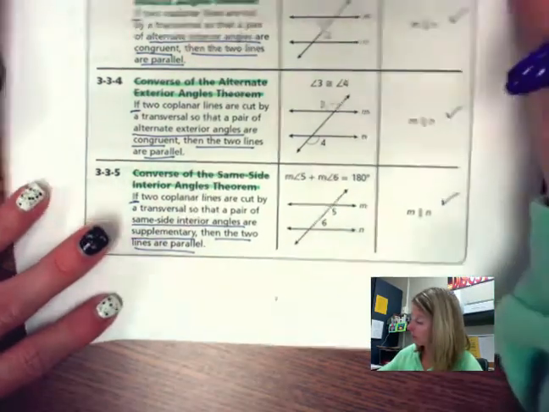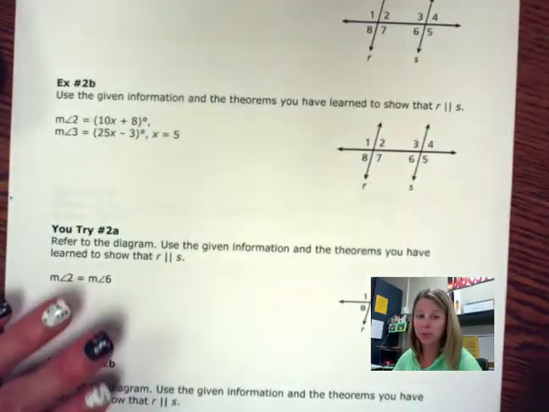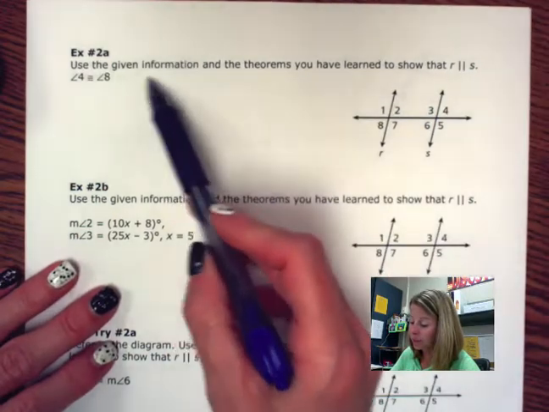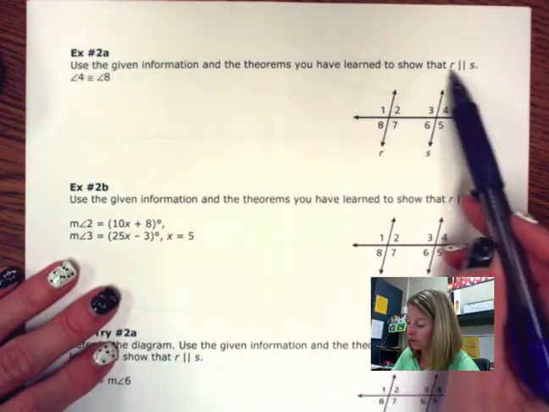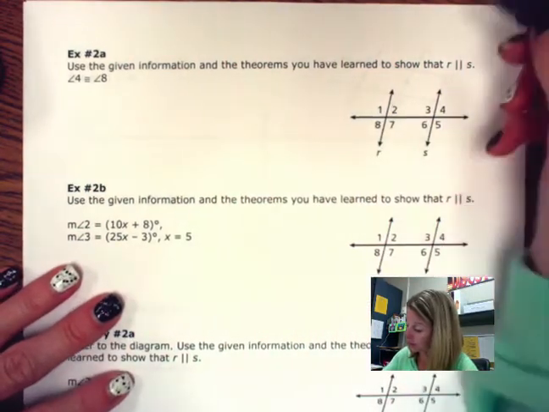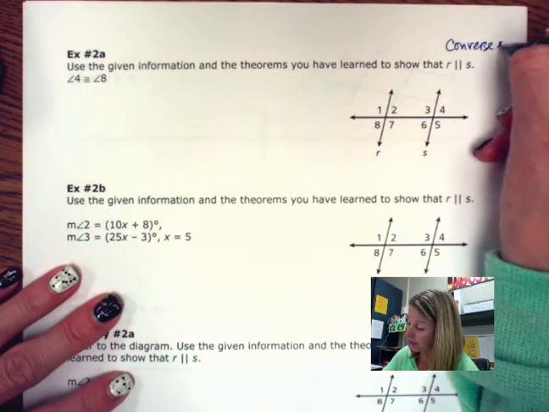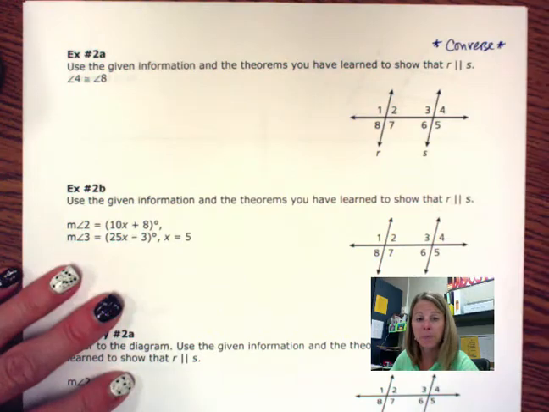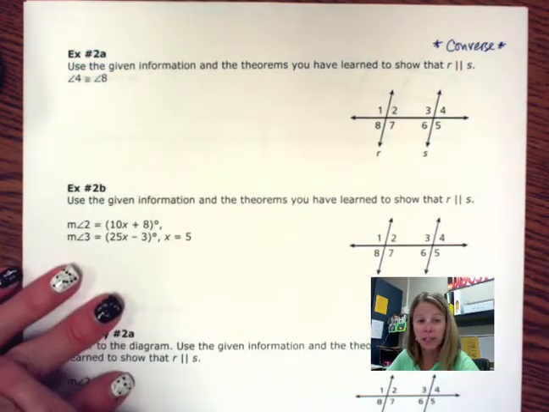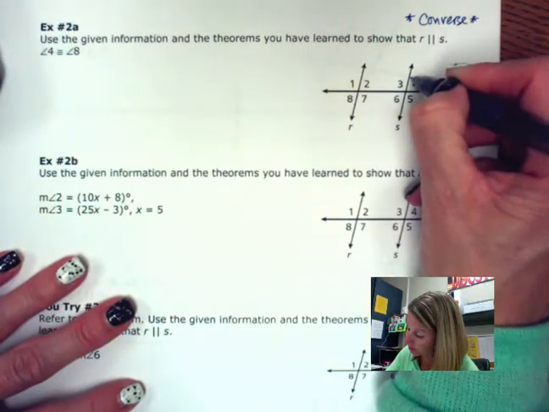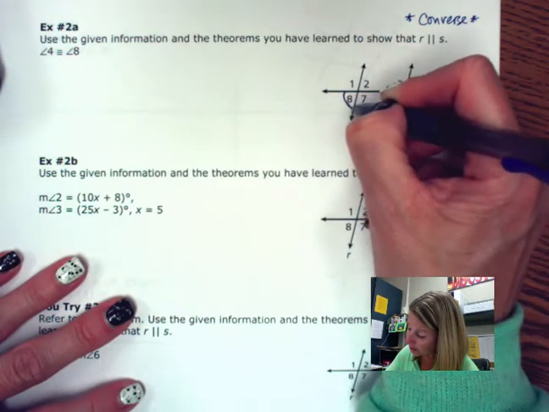So let's go on to another example. Use the given information in the theorems you have learned to show that R is parallel to S. I'm going to write the converse right here because that is what you're trying to use. We're told 4 is congruent to 8. Mark this on your picture. So 4, put an arc, and 8, put an arc.